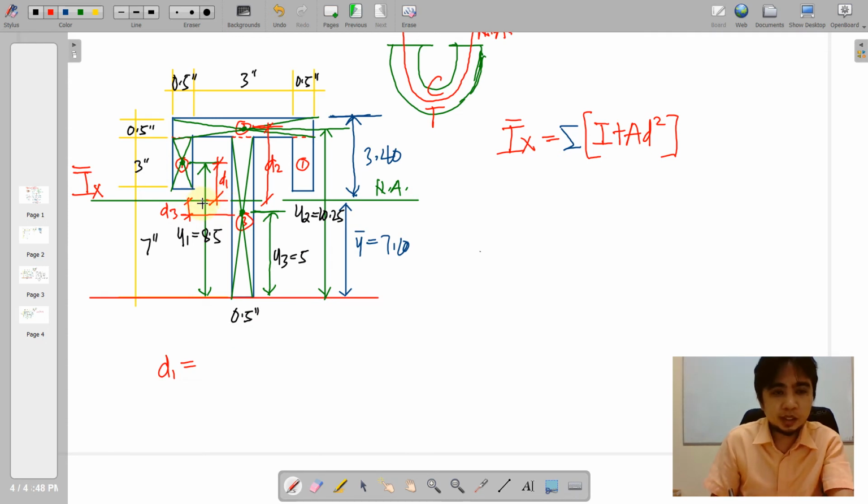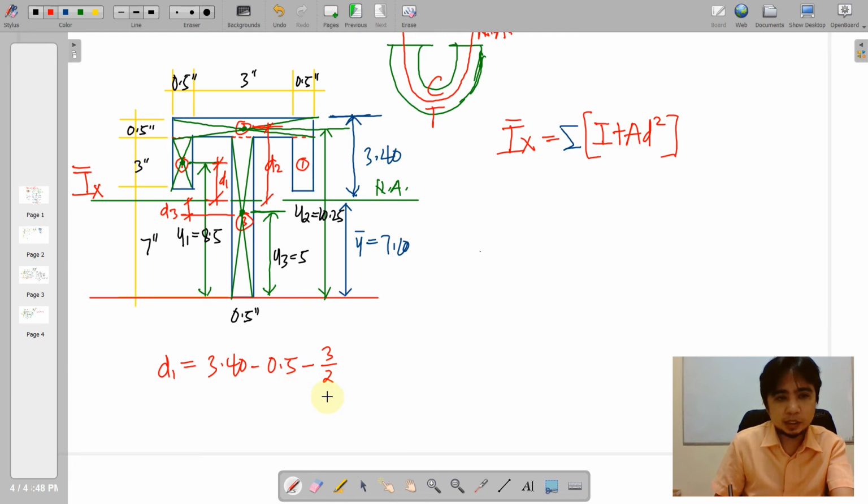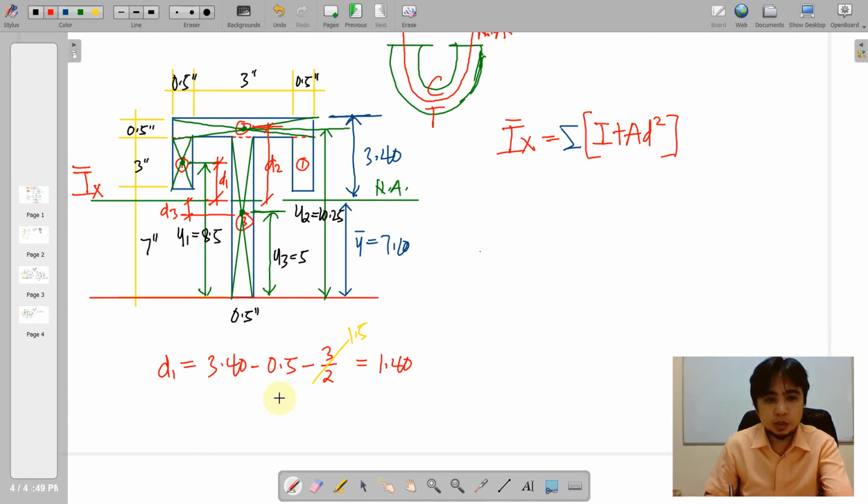So we take the distance 3.4 minus 0.5 minus half of 3, which is 1.5. That equates to our D1, which is 1.4 inches.